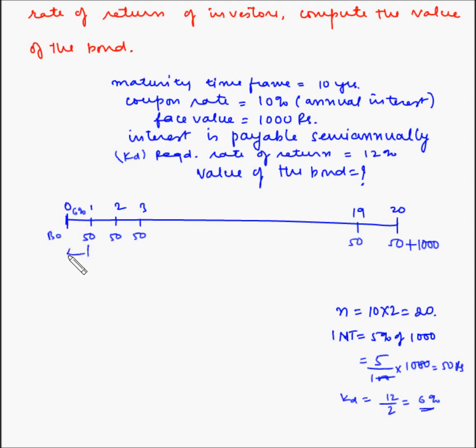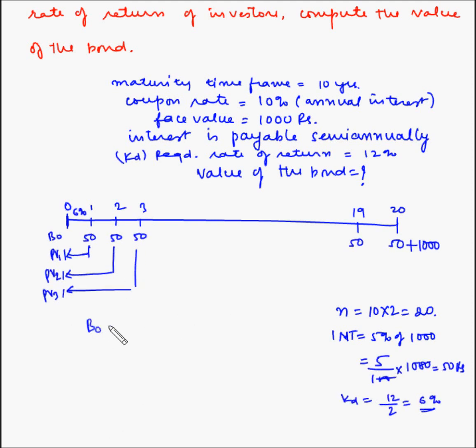So basically we have to find the present value of each of these cash flows and add them up. So let's note down the formula for that.